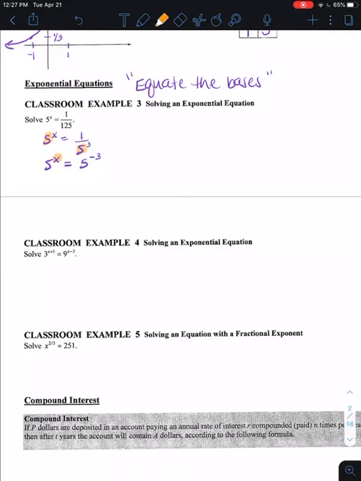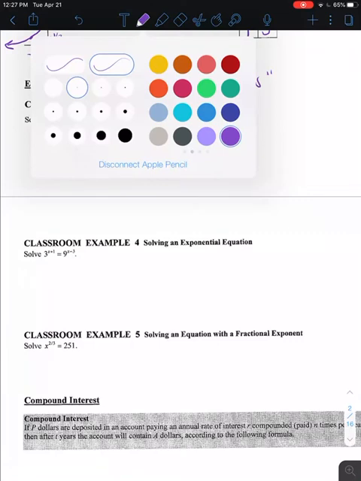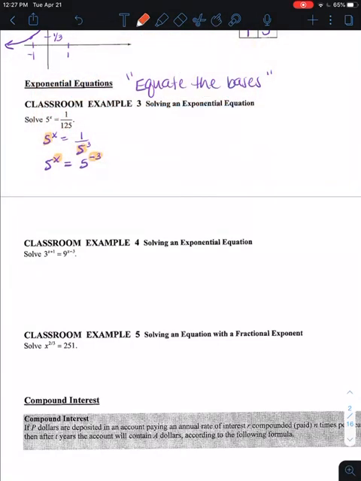This equals 5 to the -3rd power. So what's the value of x? To make both sides equal, x will have to equal -3. Once you equate the bases, you just bring the exponents down. So x equals -3. That's your value for x.